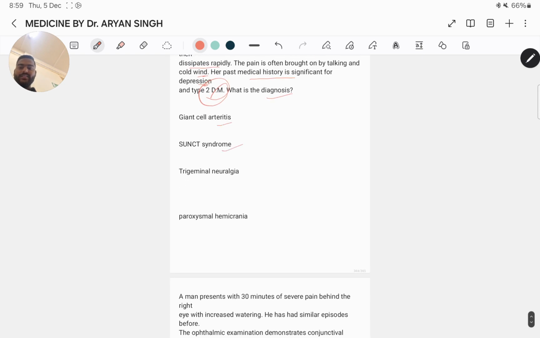Giant cell arteritis, SUNCT syndrome, trigeminal neuralgia, and paroxysmal hemicrania. Trigeminal neuralgia is the best answer because trigeminal neuralgia is excruciating pain and needle sensation in lips, gums, and cheeks or chin. It occurs spontaneously or with chewing, speaking, or smiling. Presence of the trigger zone: face, lips, and tongue. Provoked by the cold wind, brushing, or washing face. Female more than male.